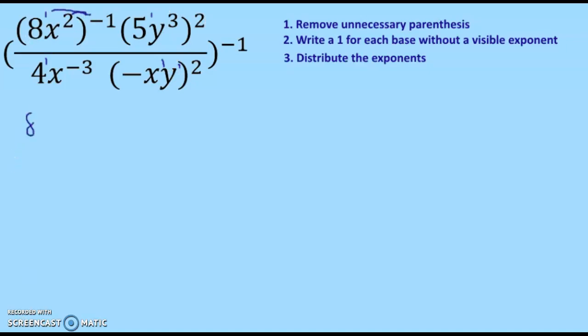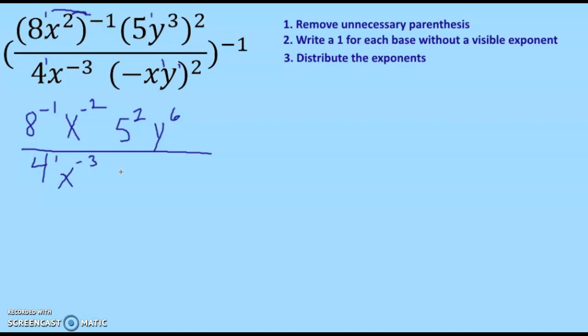So we have 8 to the negative 1 power, because 1 times negative 1 is negative 1, times x to the negative 2 power, times 5 to the second power, times y to the 6th power, all over 4 to the first power times x to the negative 3 power times negative 1 to the second power times x to the second power times y to the second power, all raised to the negative 1 power.